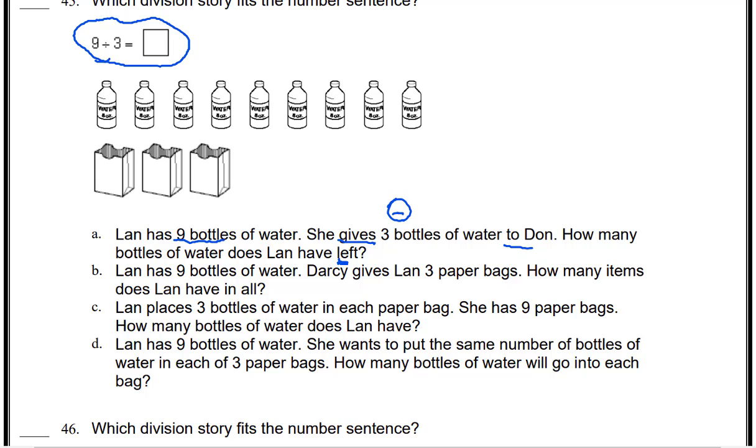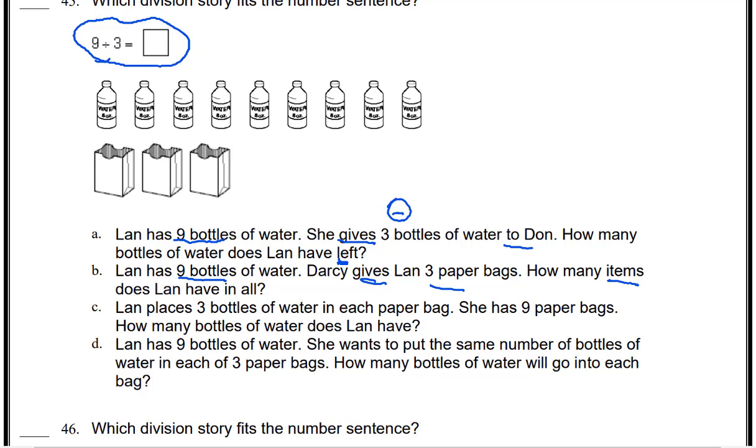B. Land has 9 bottles of water. Darcy gives Land 3 paper bags. How many items does Land have? Okay, what operation are we using here? It is plus.